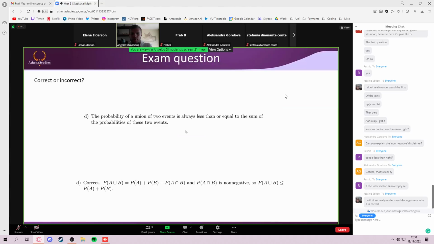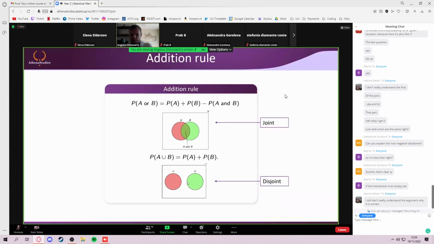So in these cases here, we have the probability of A plus the probability of B. If you sum this, then you get the probabilities of A or B. So it's equal here, right? So the union, this is the union. A or B is a union, equals the sum of probability A plus the probability of B. But when it comes to joint events, we have the probabilities of A plus the probabilities of B minus their intersect.